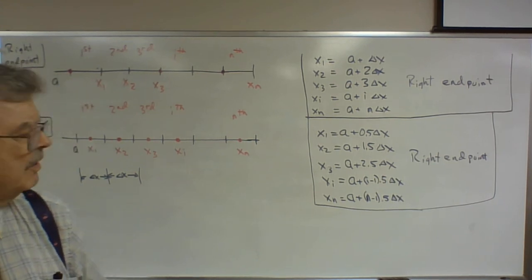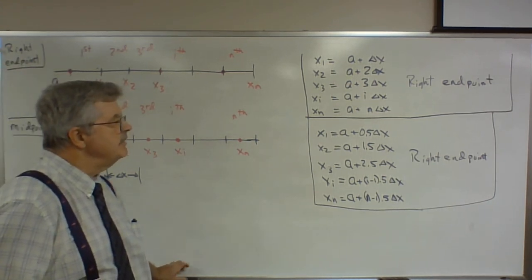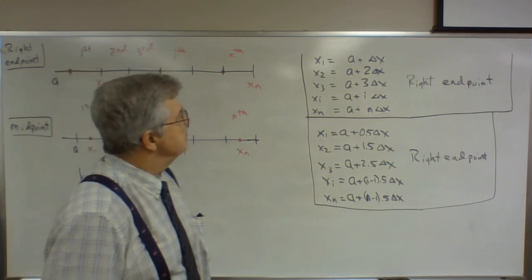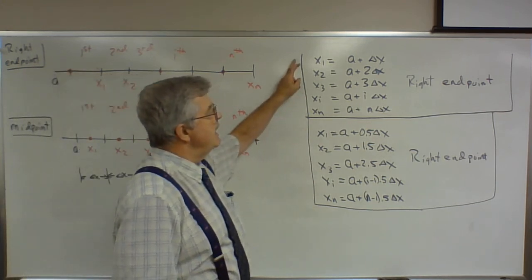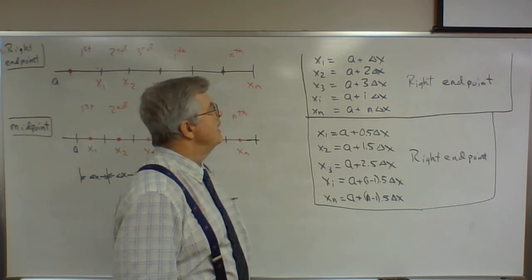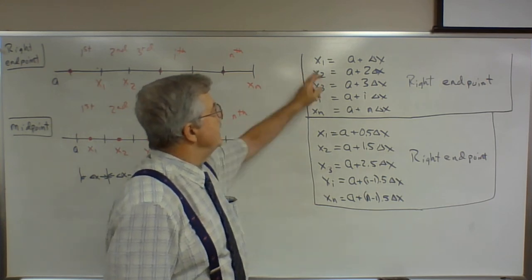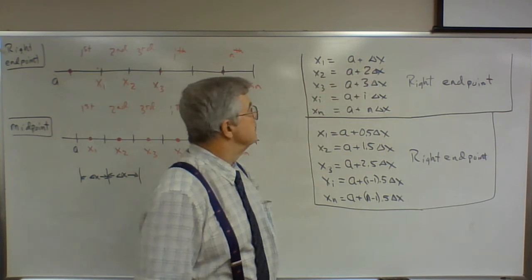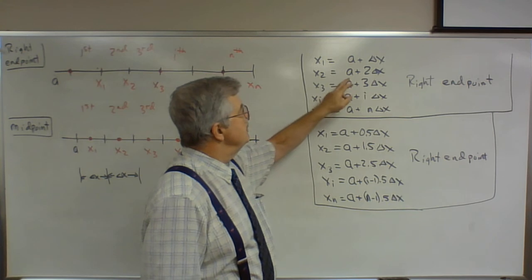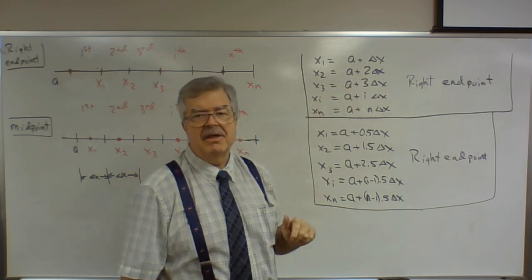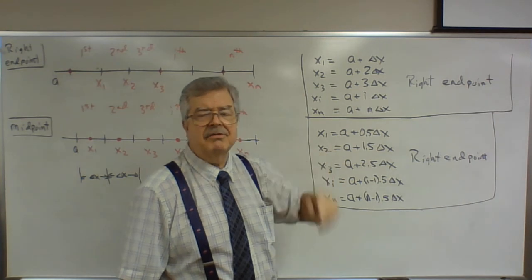Now, there is an alternate way of cranking these things out. What I recommend, for example, if we have the right endpoint being x sub i, is to say x sub 1 equals a plus 1 star delta x, x sub 2 equals a plus 2 star delta x, and we do that in some kind of a loop.